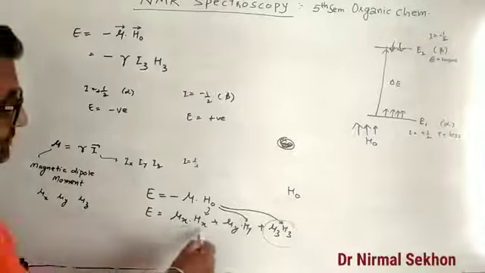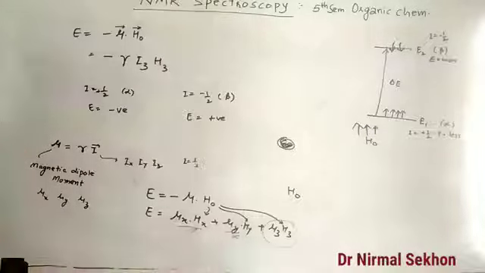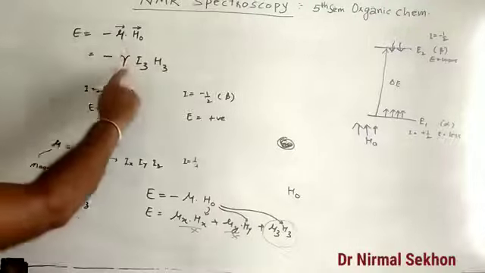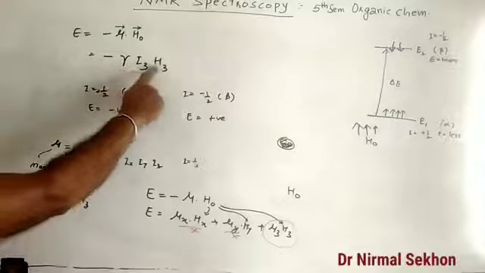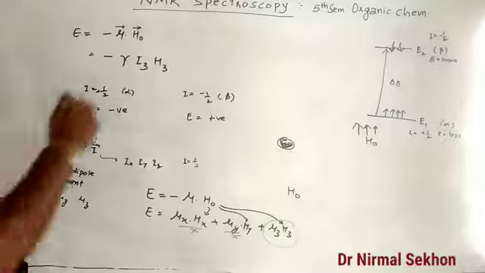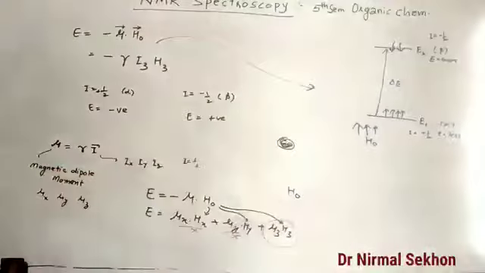What happens to these two? They do not exist. So your energy becomes equal to minus gamma Iz Hz, where H is the external magnetic field. From here we can draw this structure: the alpha state has lower energy and the beta state has higher energy.